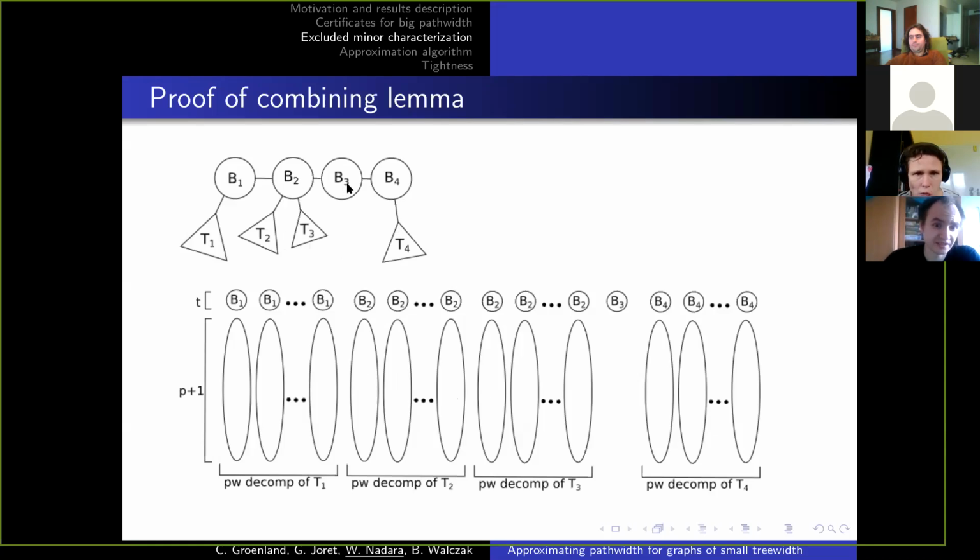B3 has no children subtree, but we still want to have it in our decomposition. So we create a path decomposition like this, where each bag is formed by taking one bag from the path decomposition of some Ti and adding the whole bag B that corresponds to that subtree. It is easily seen that this is a feasible path decomposition, and it has pathwidth at most P plus t.